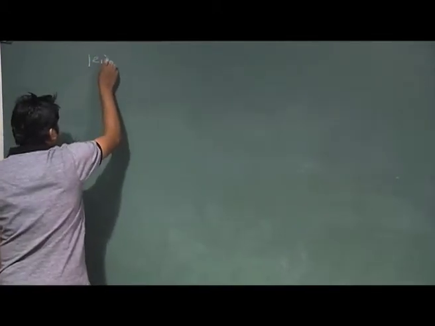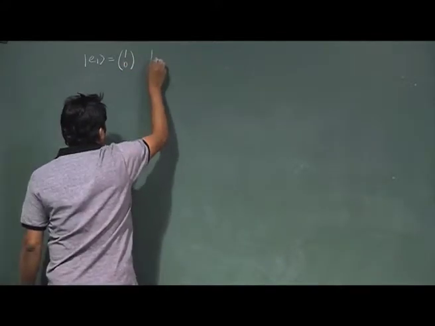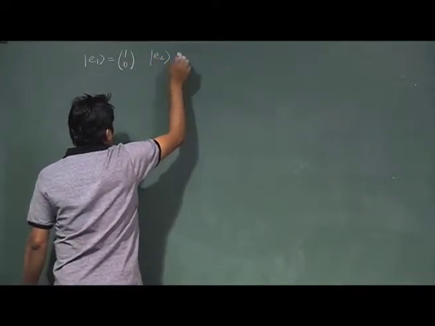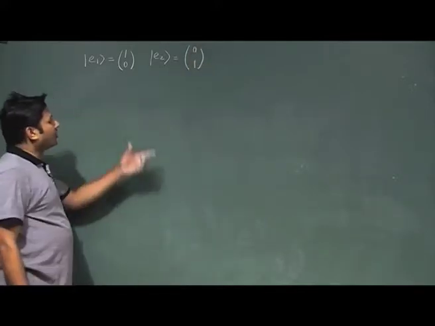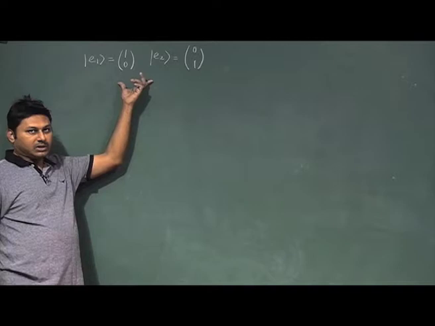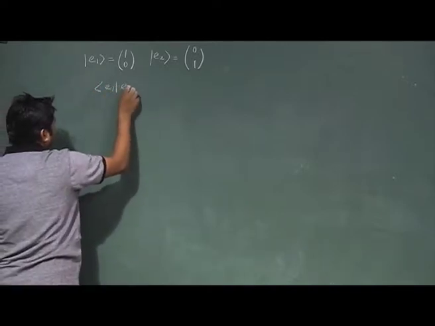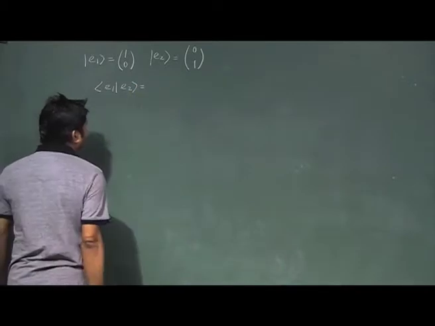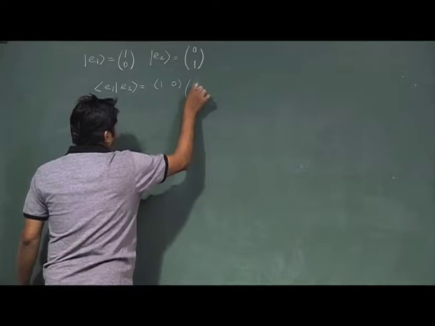I am saying that E1, which is 1 0, and E2, which is 0 1, is a natural basis and orthogonal to each other. So, they are orthonormal. This is quite straightforward, but it is important to see what is going on here.